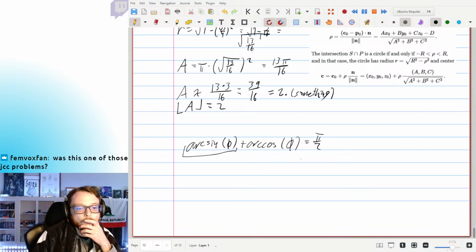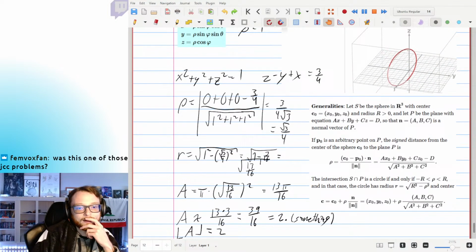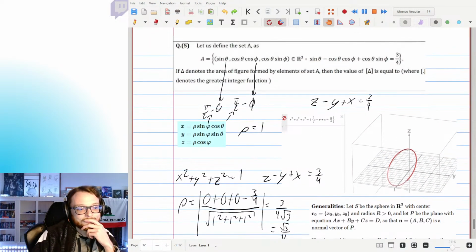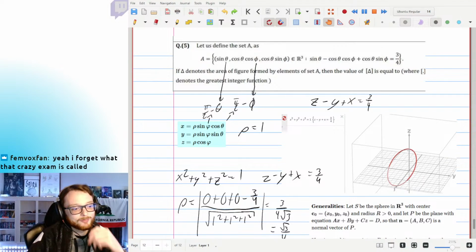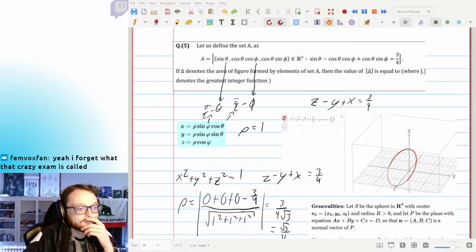Arcsine of a ratio equals an angle. I think Fenbox is talking about JEE, which is like the university entrance exam for India. But is the question about that, or is it just that you're preparing for that? Oh, okay, nice. I'm surprised that I could actually do that one. That explains why it's such a weird question. Yeah, the really tough one is called the JEE Advanced.